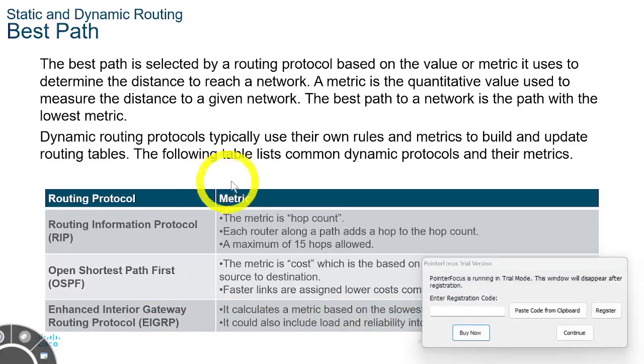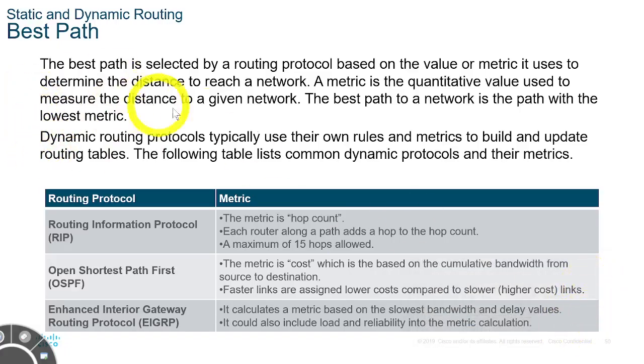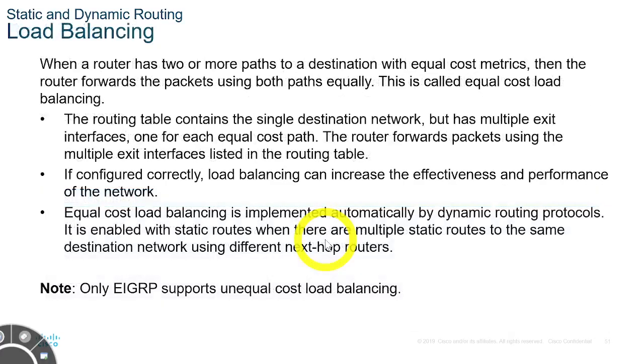So if path 1 from PC1 to PC5 has a delay of 10 milliseconds and the second is 15 milliseconds, for sure the router will choose the 10 milliseconds path, okay? This is done. What is load balancing? Load balancing means a router has 2 or more paths to a destination with equal cost metrics.